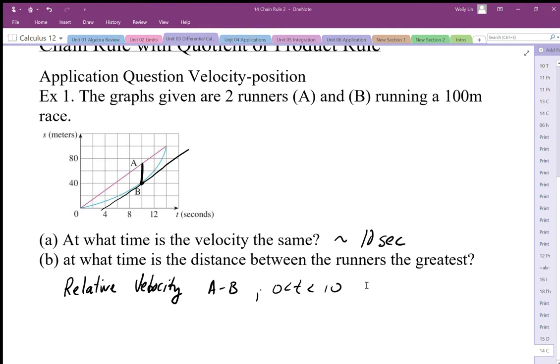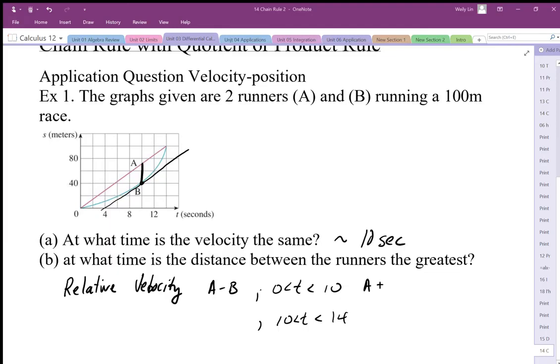Okay, so our A value is going to be positive. A is positive. Okay, and then from 10 to, looks like they finish at 14 seconds, the velocity of B is faster.